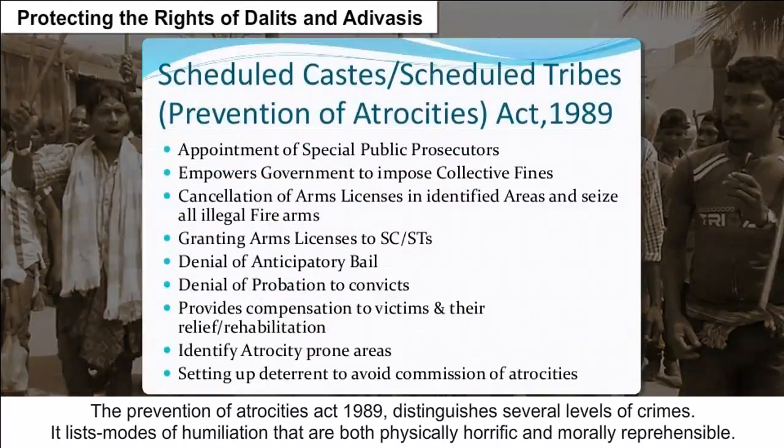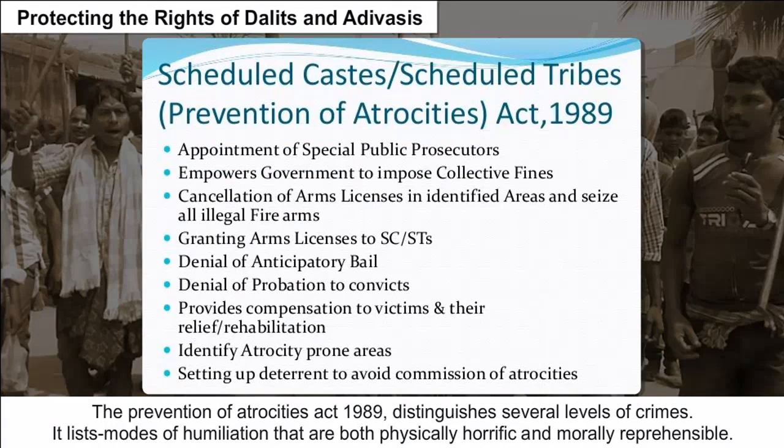The Prevention of Atrocities Act 1989 distinguishes several levels of crimes. It lists modes of humiliation that are both physically horrific and morally reprehensible.